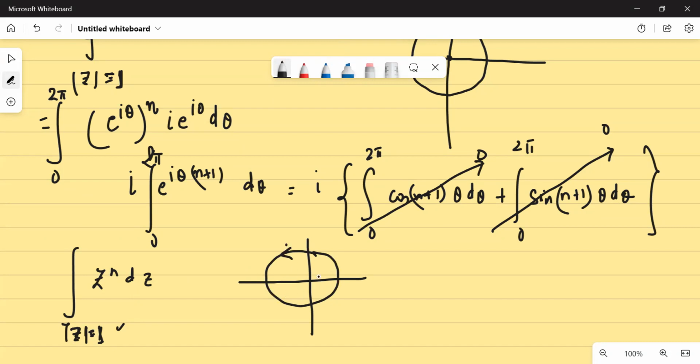Okay, so this is a simply connected region, that is mod z equal to 1. Also understand that you can apply Cauchy's integral theorem also here, but if you want to apply principle of deformation of contour, what you can do is, see, this particular entire curve can be shrunk to origin, isn't it, without encountering any sort of singularity. So the answer would become obviously 0.